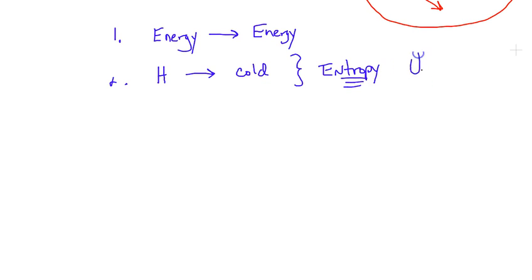We write this as the entropy of the universe, which is S, is always increasing in order for energy to what? Dissipate. So if you see a spontaneous process, and it's a word that's very important, spontaneous means what?